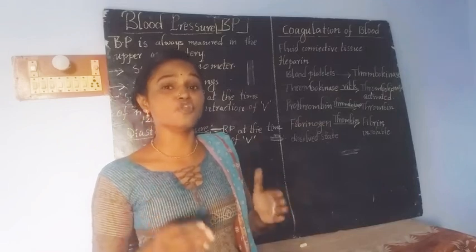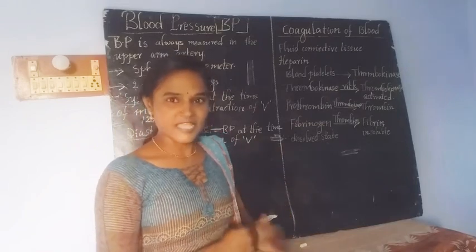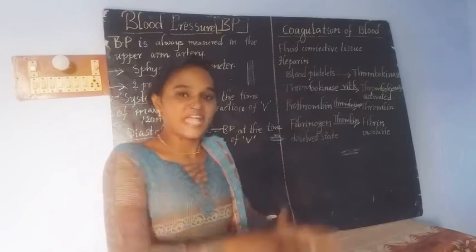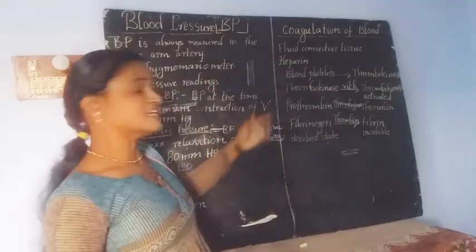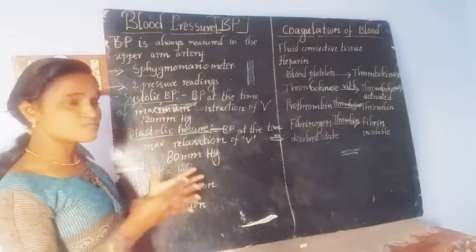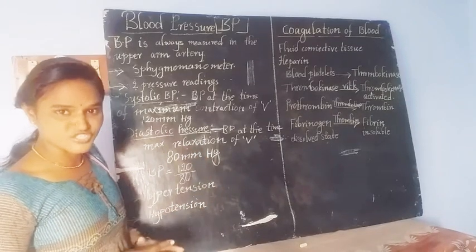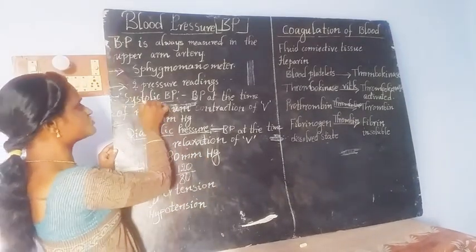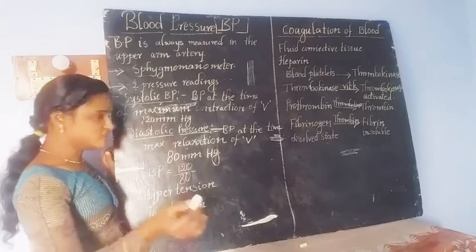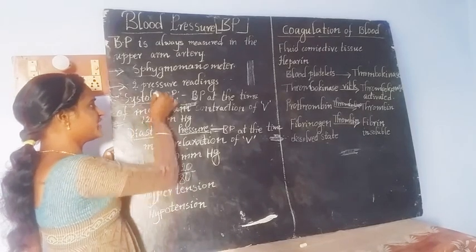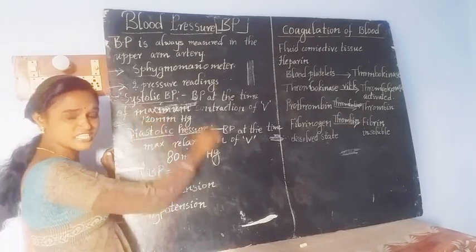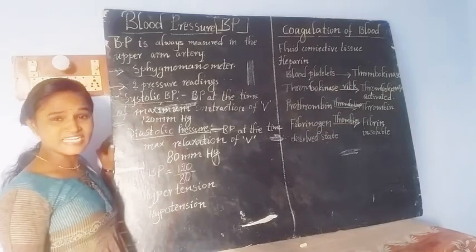Whenever the ventricles are full of blood, we find maximum contraction inside the heart, and the blood is pumped with a lot of pressure. That is called systolic blood pressure. In general, the reading of systolic blood pressure is 120 mm Hg.